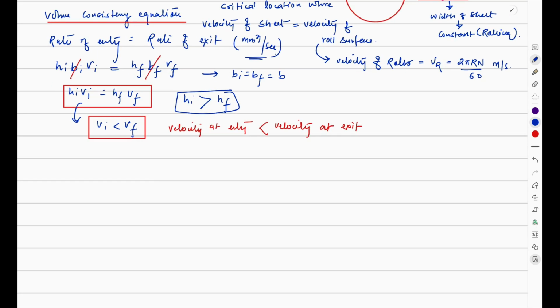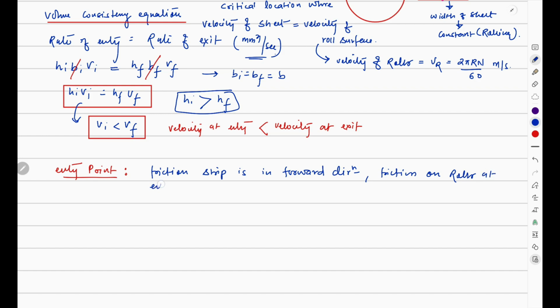So at the entry point, friction on the strip is in the forward direction, while friction on the roller at the same point, that is the entry point, is in the backward direction.